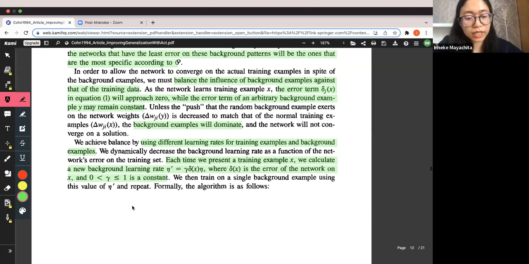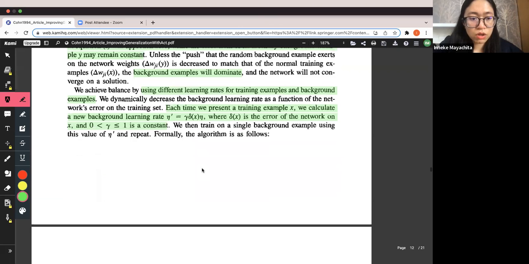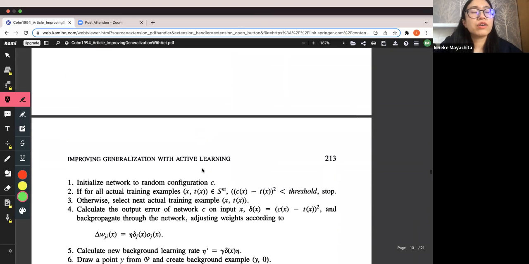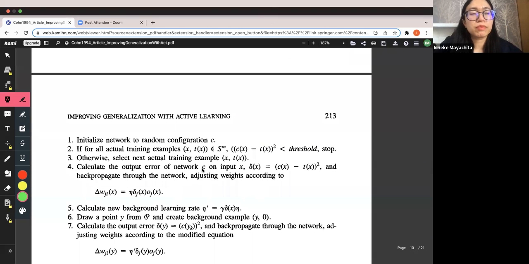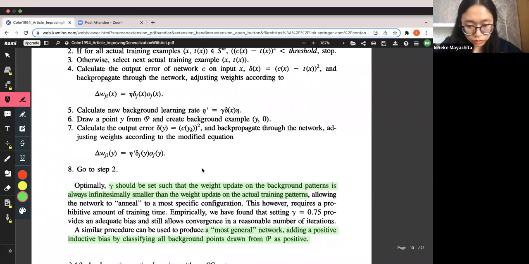Ideally we want to vary this constant, but it might be computationally hard, so they just pick one constant between 0 and 1. We want to find a new background learning rate to balance how the network learns from both the training and the background examples.